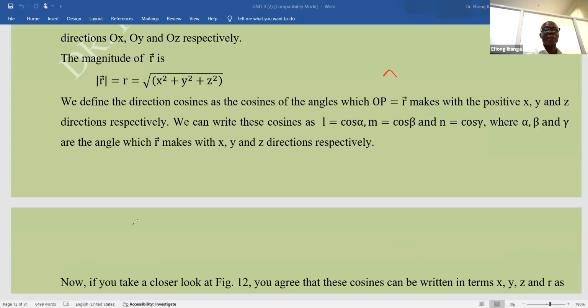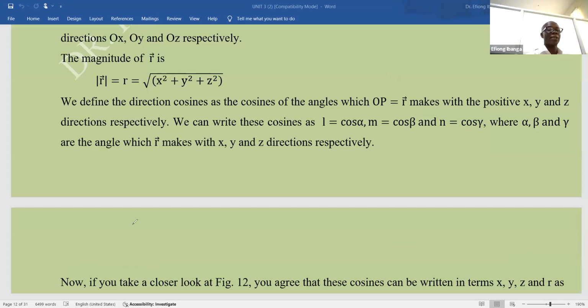So if I am doing that, what I'm actually saying is that I know my L represents cos alpha, M cos beta, N cos gamma. So if I'm saying X squared, Y squared, Z squared, it's going to be cos squared alpha plus cos squared beta plus cos squared gamma.